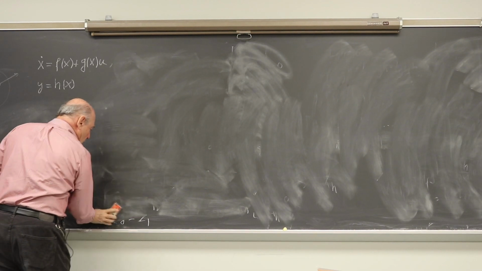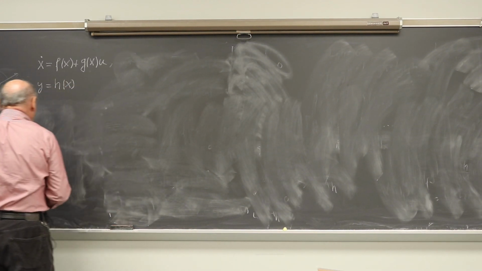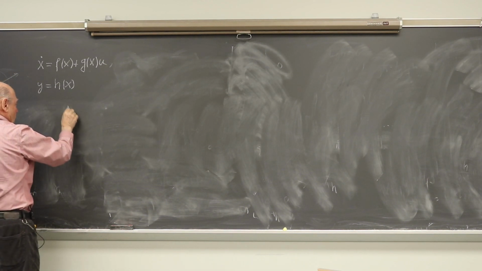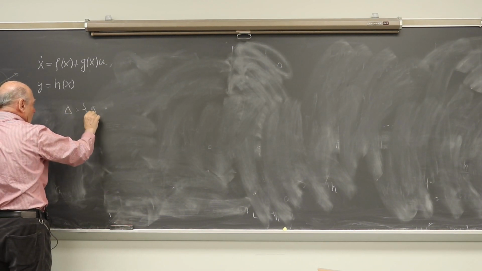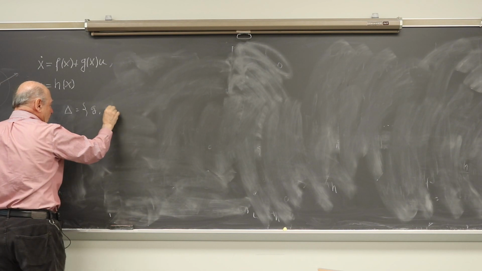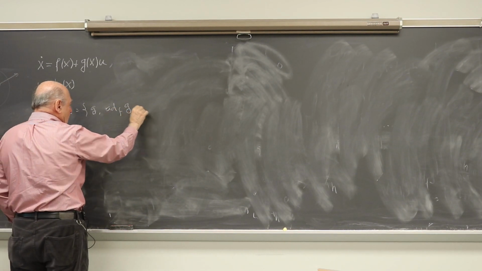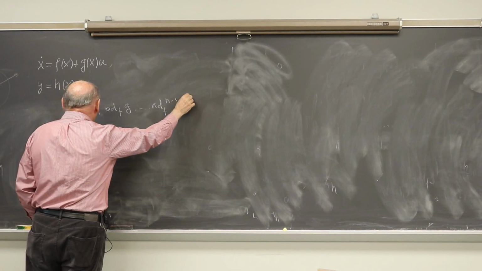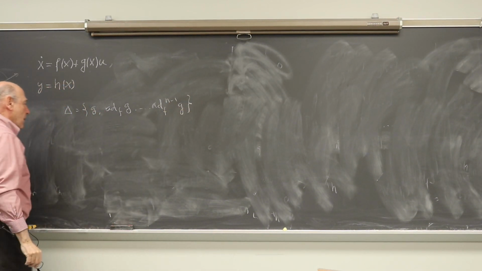Associated with the system, we will enforce the distribution. Let's call it delta: g, ad_f g, up to ad_f^(n-1) g. So this is a collection of n vectors.